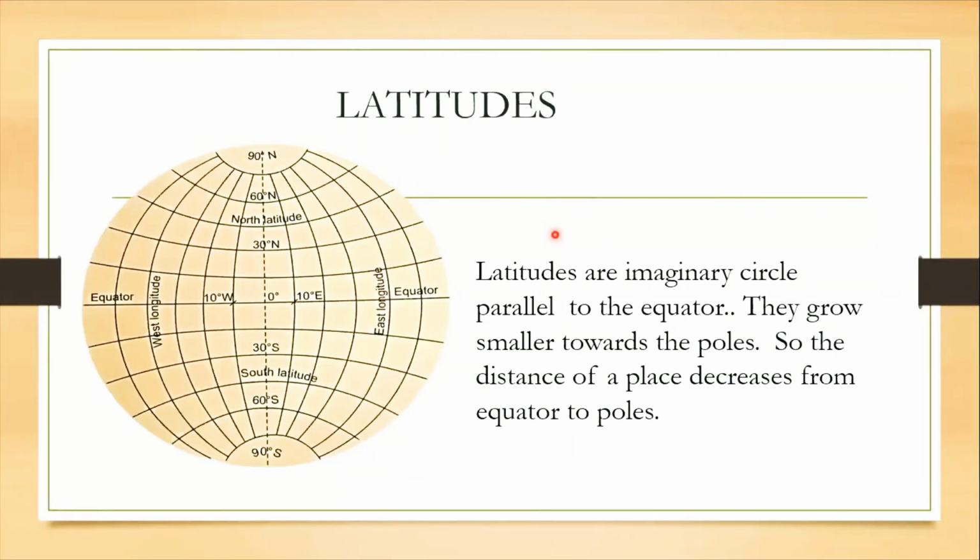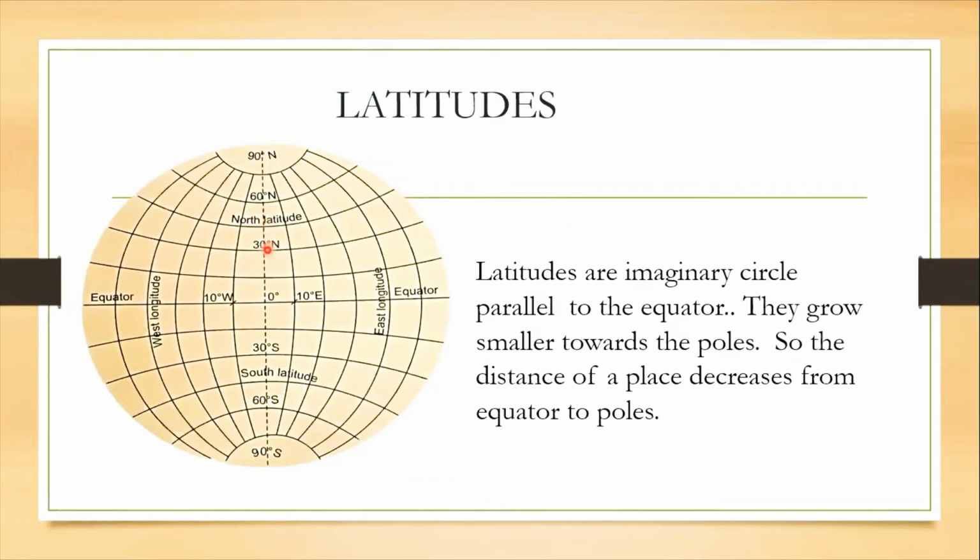First of all, we are discussing about latitudes. These latitudes are imaginary circles parallel to the equator. You can see these parallel circles are latitudes. The main latitude is the equator. From the equator, you can see these latitudes drawn parallel toward the poles.